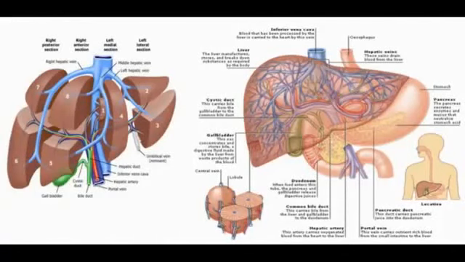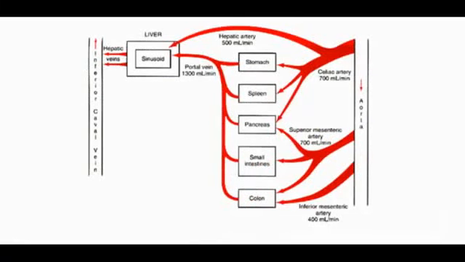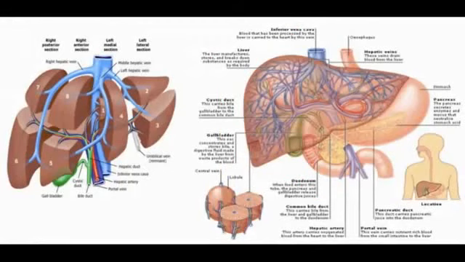Also, we have a feeding system for the fetus in the first trimester of embryo development. This is the place where red blood cell production starts, and after the first trimester of embryology, the bone marrow takes the main role of producing blood cells.